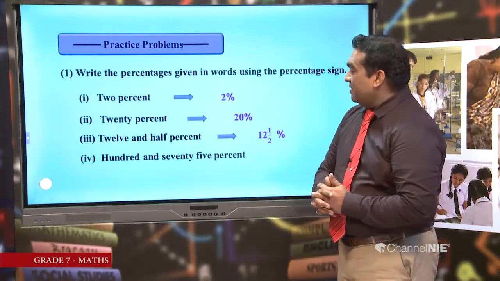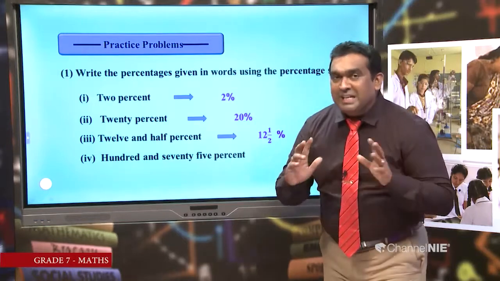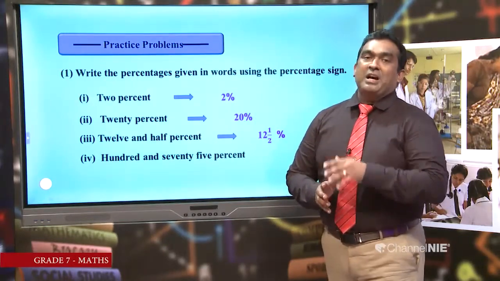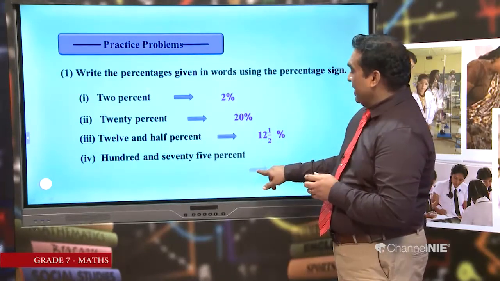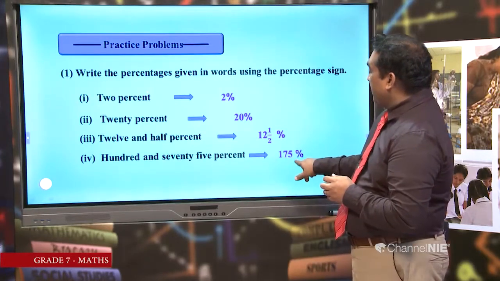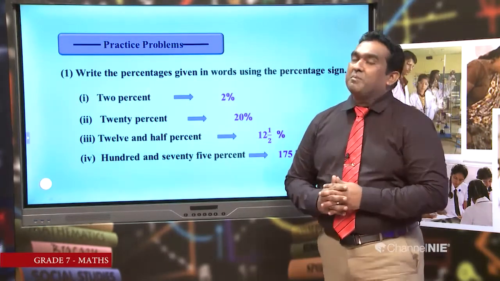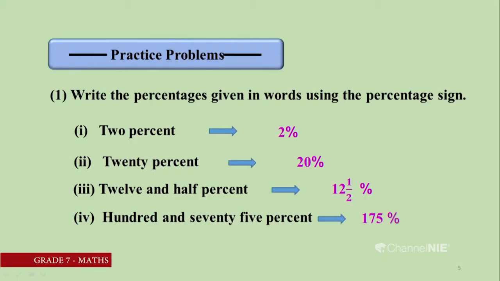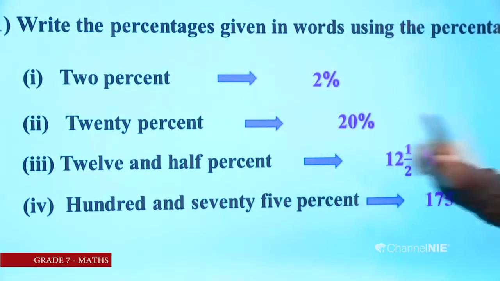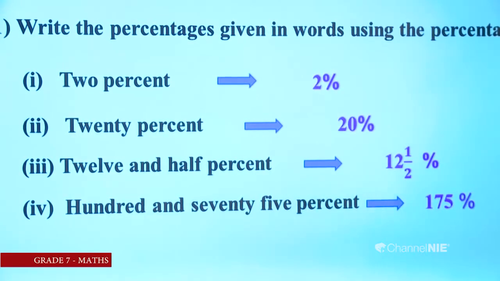Next one, 175 percent. What is the number? 175. After that you write the percentage symbol. 175%. In this part you can see the word form and the numerical form, or digit form. Using numbers you can express 2%, 20%, 12.5% and 175%.